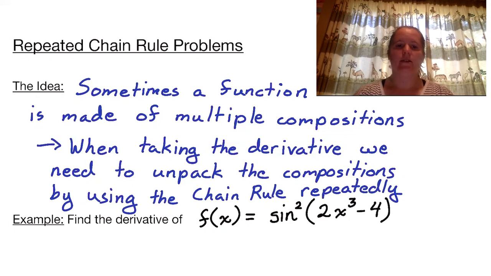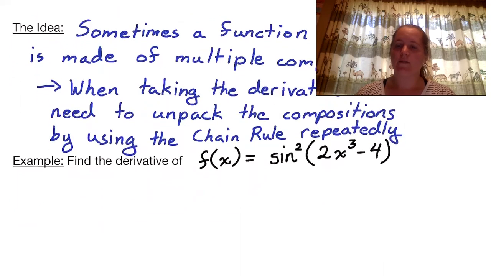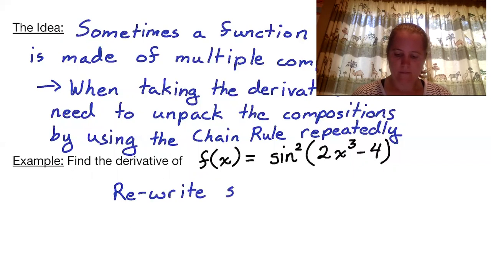For example, let's go ahead and find the derivative of the function f of x equals sine squared of 2x cubed minus 4. So note when we have trig functions raised to a power, we write it in a slightly awkward format that makes function composition not so obvious. So let's just rewrite this so the compositions are clearer.